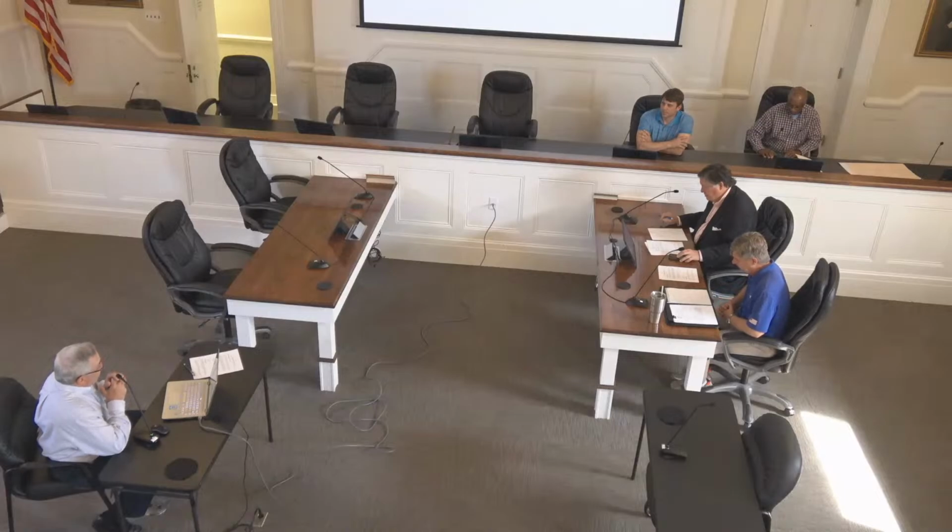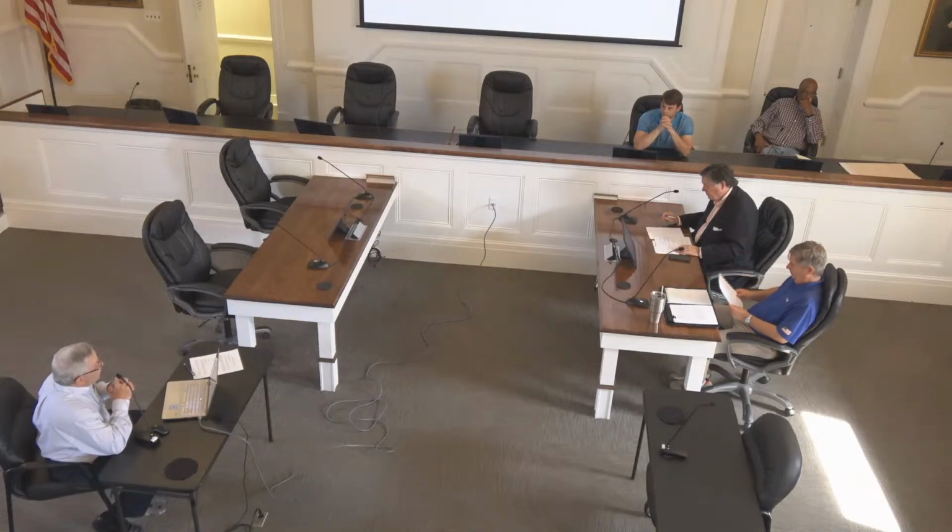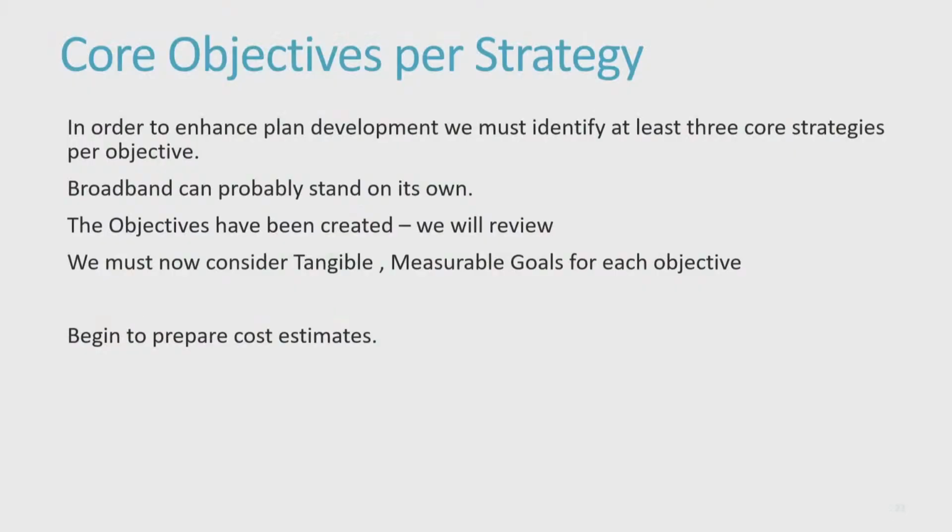All right. So what we're going to do today is look at some of the work that we've done in the past and that Jason's done. He's got cover pages for each strategy. And just as a visual, guys, you can't see this, I don't think, Susan. On a flip chart, I show a strategy, right? And then according to what we said, we want to come up with at least 3 core objectives.